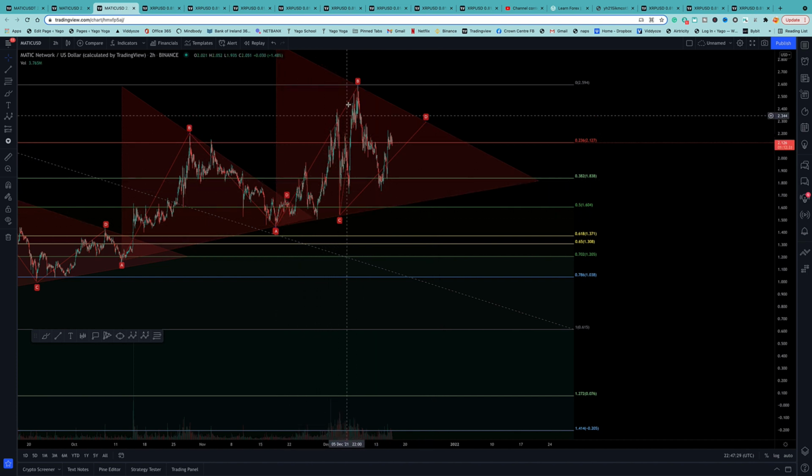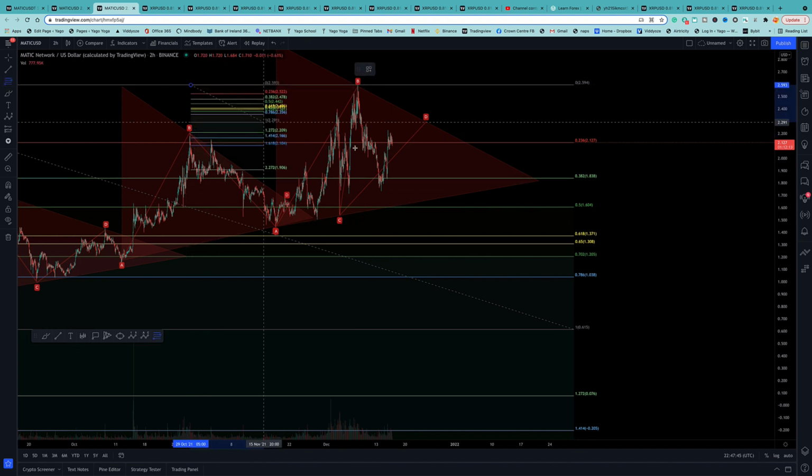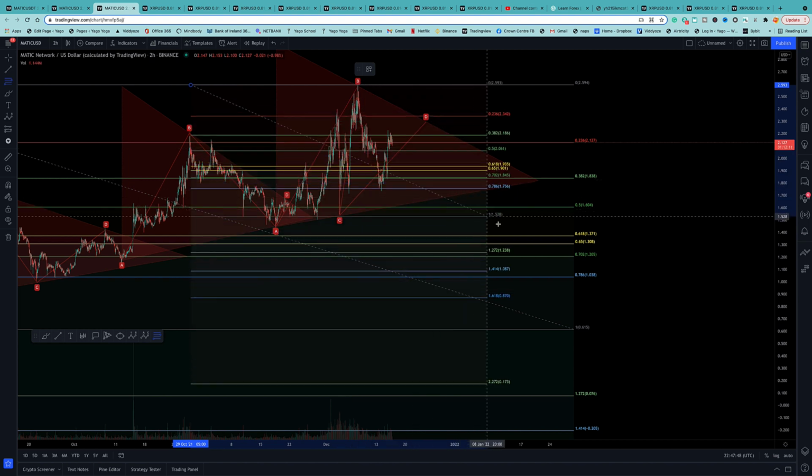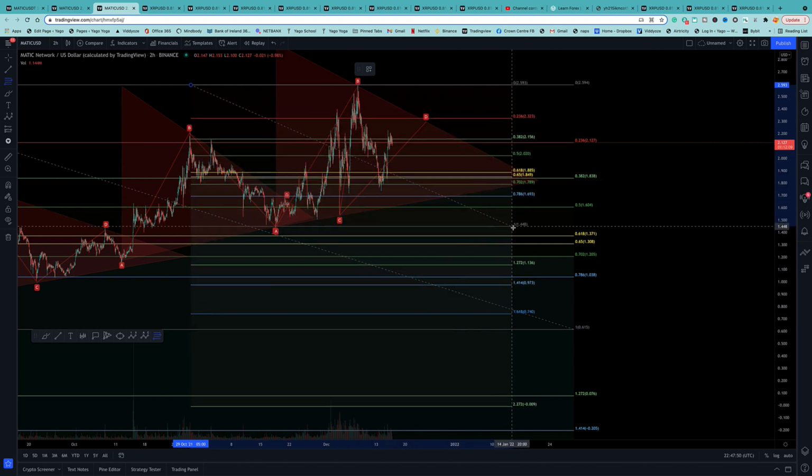It's going to stay within this here. It's not going to break down. It's not going to spill, and MATIC is not going to go down even lower. Instead it's going to come down and do something like a double bottom. Let's see, now if I put this here to there.